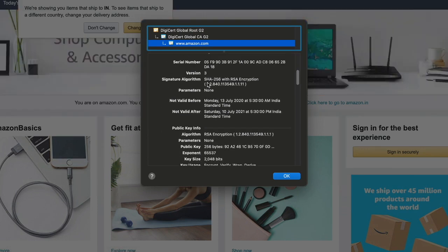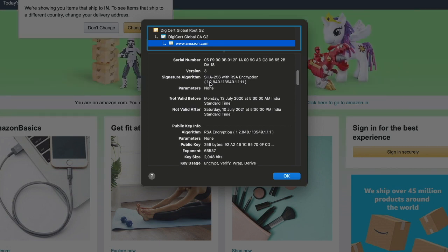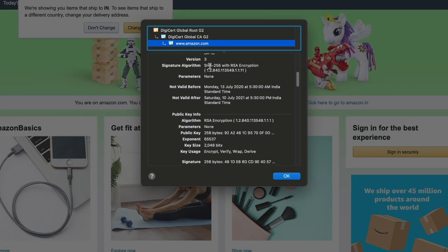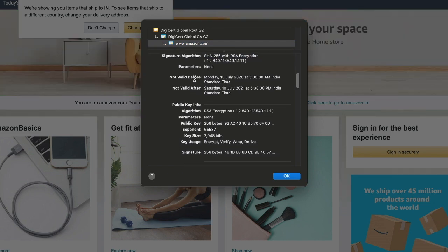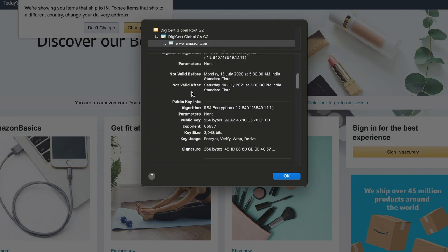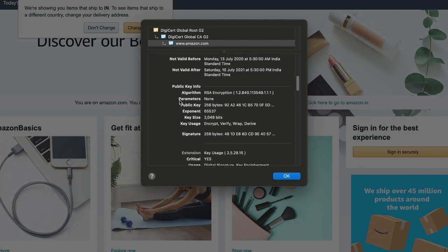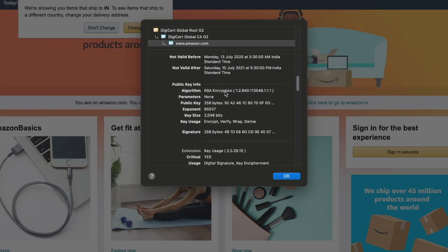If you can see here, the signature algorithm that Amazon.com uses is SHA-256 with RSA encryption, and there are a lot of parameters like not valid before, not valid after that you can play around with. But let's have a look at the public key info, and it says it's RSA encryption.